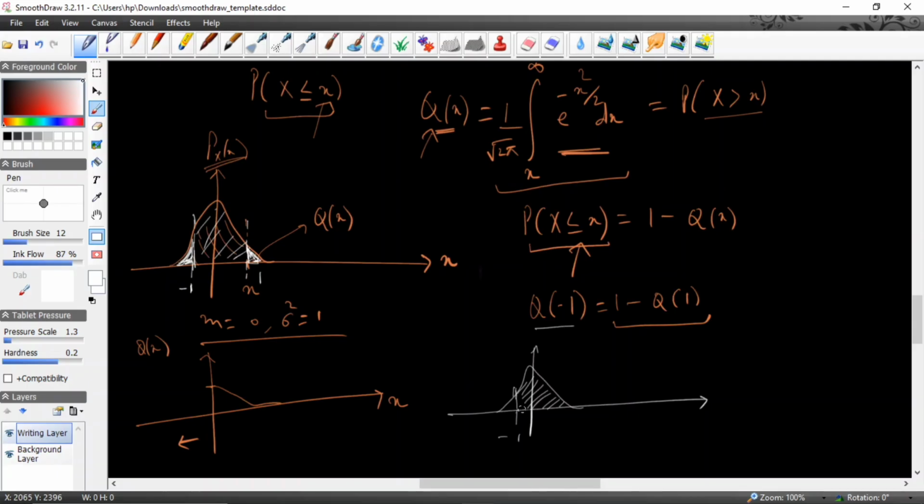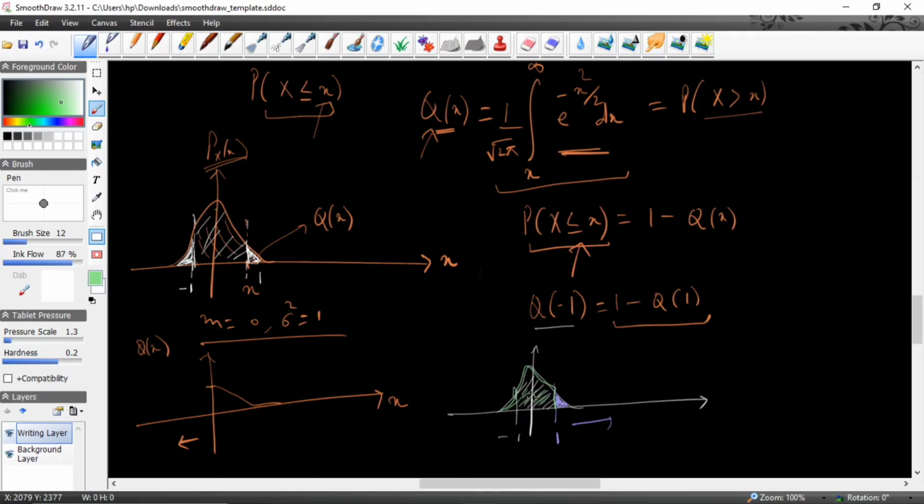And that will be the same as 1 minus Q of 1, because Q of 1 is the area under the curve from 1 to infinity. This is Q of 1. And if I subtract this area from 1, that is the total area under the PDF, what I will get is this area, the area from this point to this point.